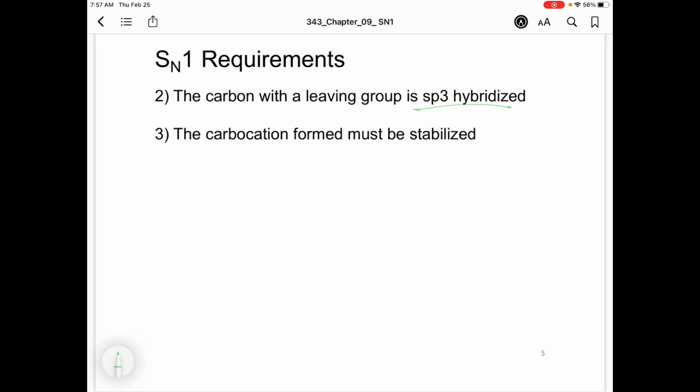We've talked about how if you just have CH3, this methyl cation, this is much less stable than a primary carbocation, which is much less stable than a secondary, which is much less stable than a tertiary carbocation. So here's primary, secondary, tertiary. Put a smiley face by the tertiary. That is definitely what we prefer. So these form more readily.